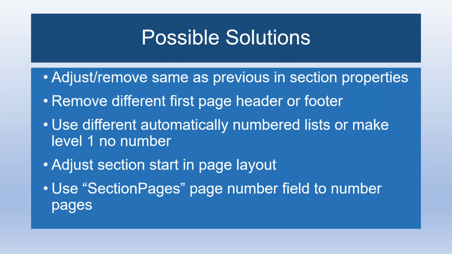One solution that I've used and works well is to use the same list everywhere, but create an outline numbered list that has a level 1 with no numbering. So if you go in and edit an outline numbered list in Word, you can make the first level of that list with no number.